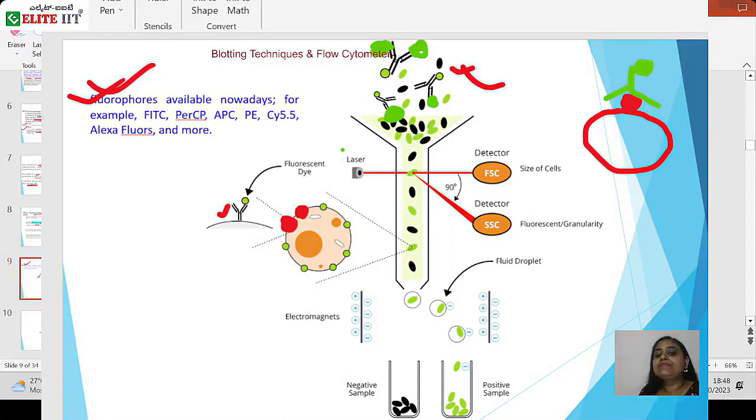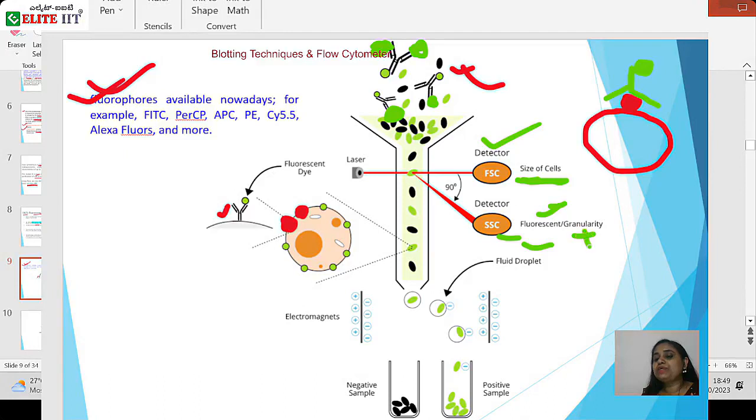Now the laser is exciting the molecule, and scattering is done. Two types of scattering I told you: FSC, forward scatter, and side scatter. Different detectors are there for the forward one as well as for the side one. The forward one is for size; depending upon the size of the cell it will give you the peak, whereas the side detector gives you fluorescent peaks as well as the granularity.